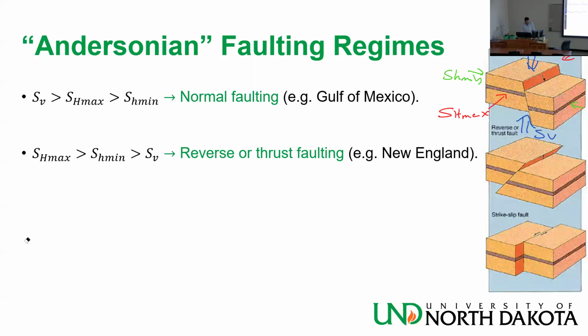The strongest one would be SH max. The weakest one would be SV, and the intermediate one would be SH min.